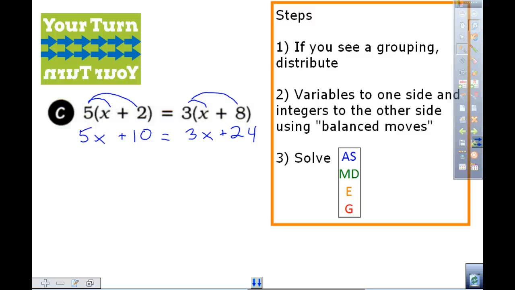Show me you understand what I'm trying to teach you today. And you may box or circle your answers.